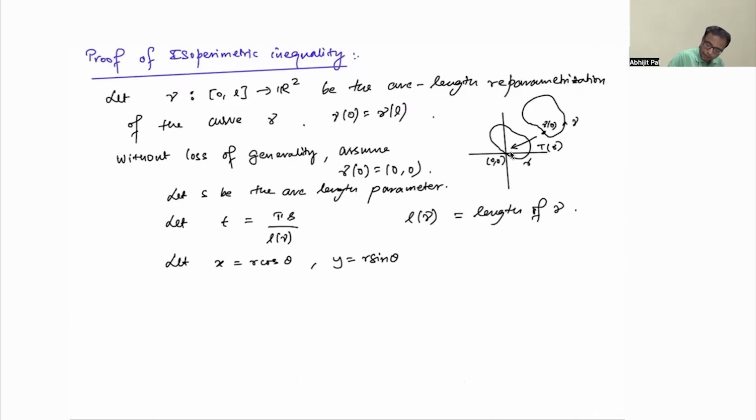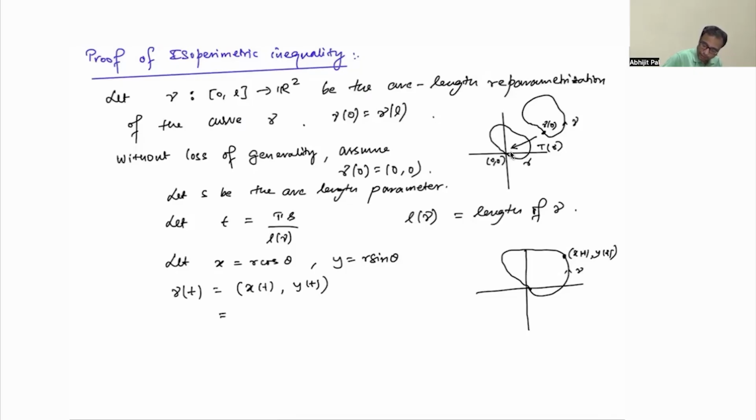So we are taking this polar coordinate. This is my gamma. So gamma(t) is (x(t), y(t)); x(t), y(t) is a point on this gamma.